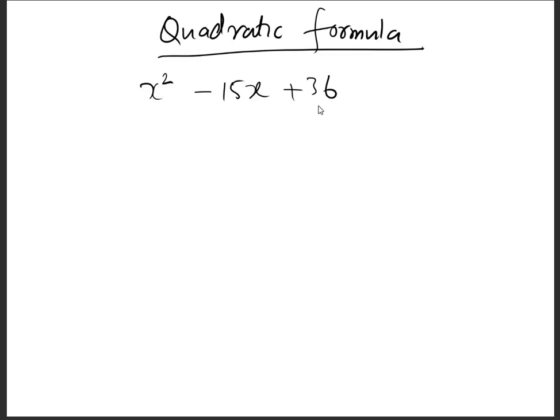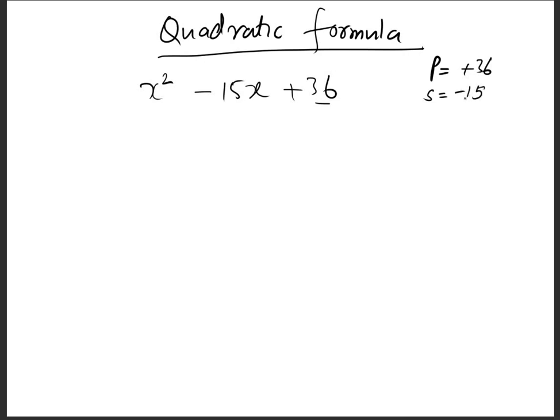Now if you were to solve this quadratic using your regular factorization technique, what you need here is that the product of your factors should be equal to positive 36 and the sum of your factors should be equal to negative 15.